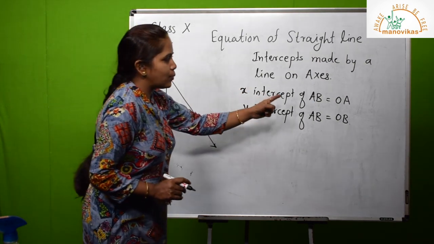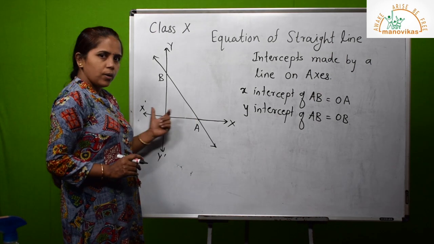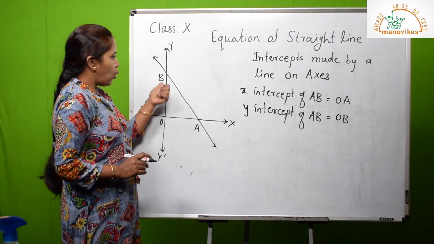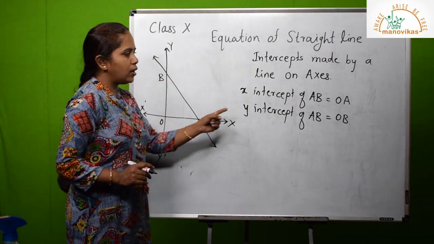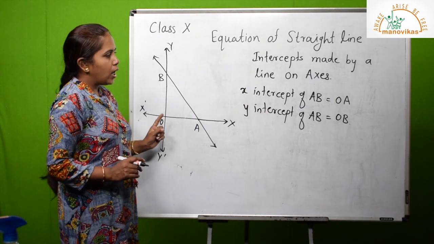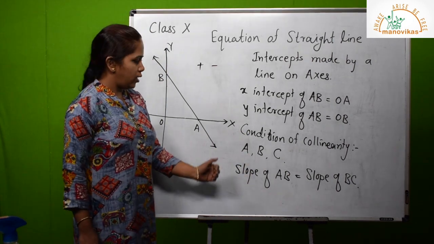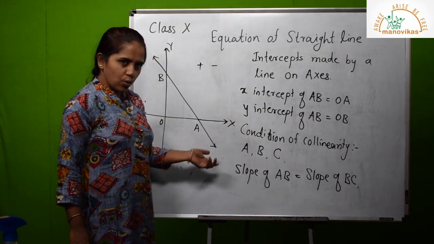So x-intercept of AB is OA, distance of that point from O, and OB, that is nothing but the y-intercept of AB. Understood? Now we'll see what is the condition of collinearity when the 3 points are collinear.